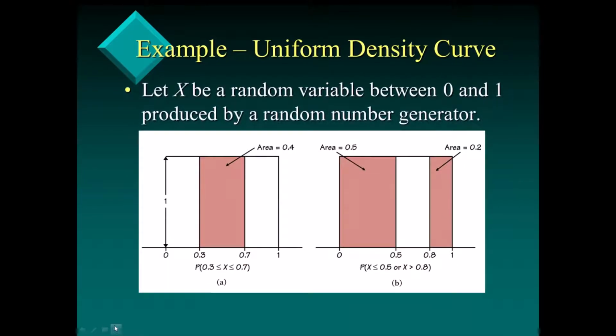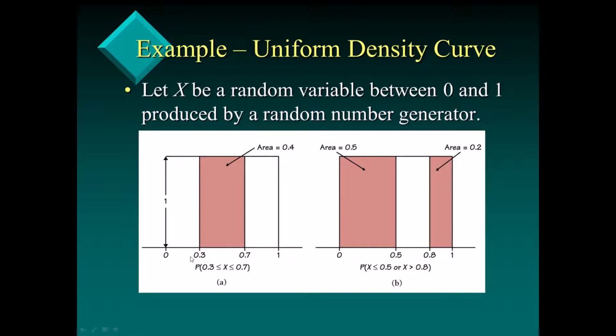All right, so here are a couple examples of a uniform density curve. So x is a random variable between 0 and 1. So that's a length of 1, or a base length of 1. It's produced by a random number generator, so it's not just fractions like 1/2, 1/4. It could be irrationals. It could be anything. All right?